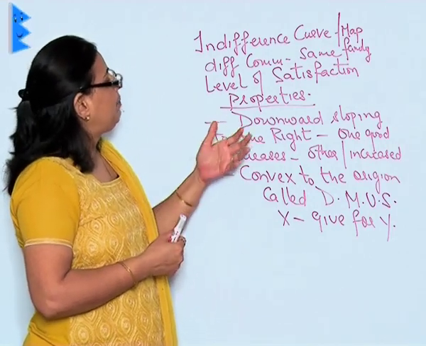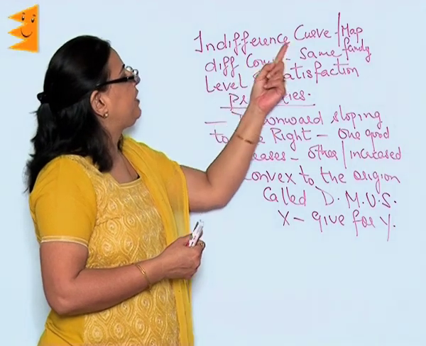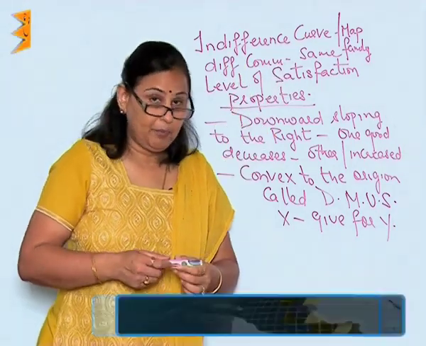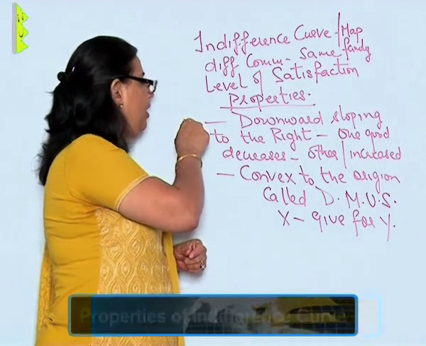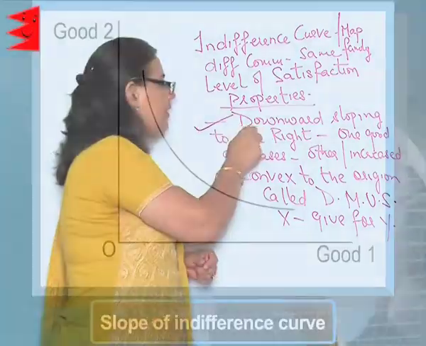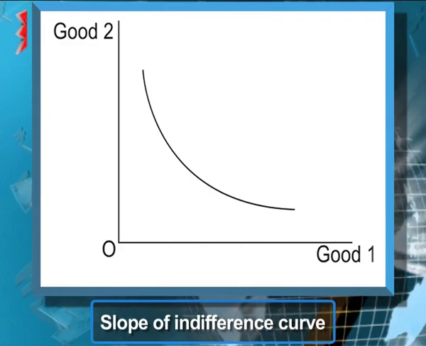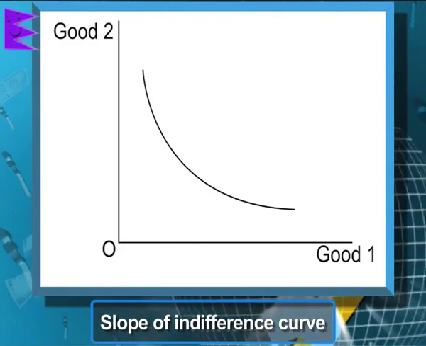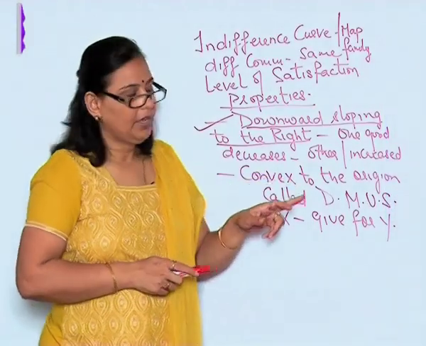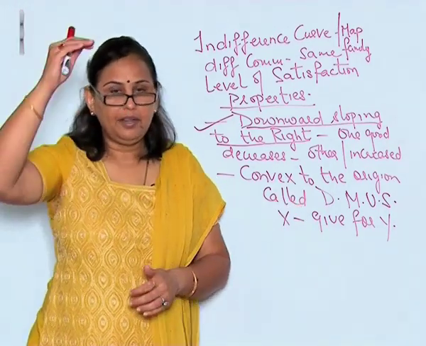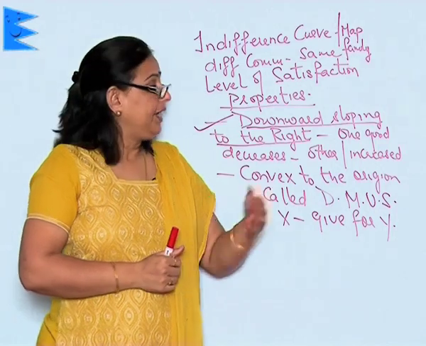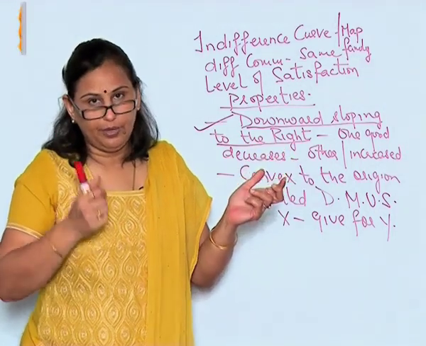Okay. Now, what are the properties of the indifference curve? First of all, it is always downward sloping to the right. This means if one good decreases, the other increases. It is a substitute to the other good.